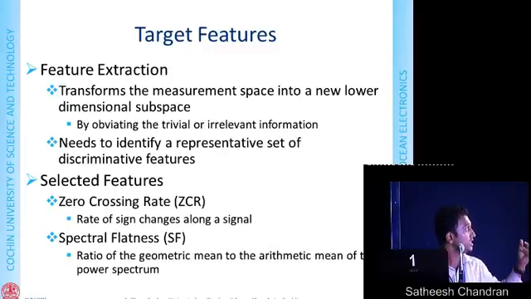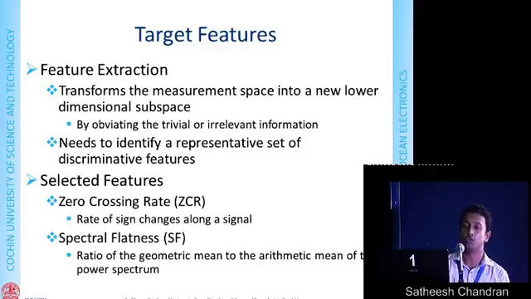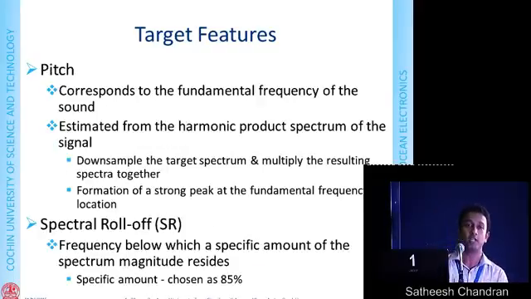The set of features identified for this project was zero crossing rate, the rate of sign change along a signal, and pitch, which corresponds to the fundamental frequency of the sound. It is estimated from the harmonic spectrum by downsampling the spectrum and multiplying the results together, so that it results in the formation of a strong peak at the fundamental location.